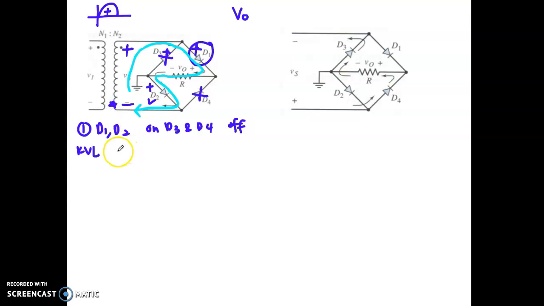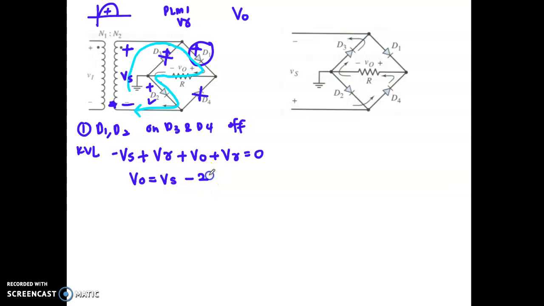Starting from here it is minus VS, this is your VS peak, plus, let's say this is PLM1, you replace your diode with V gamma, so D1 is replaced with V gamma, plus the voltage drop across R, which is your V out, plus again another V gamma, equal to 0. So your V out is actually VS minus 2V gamma. Okay, so this is happening at the positive cycle.